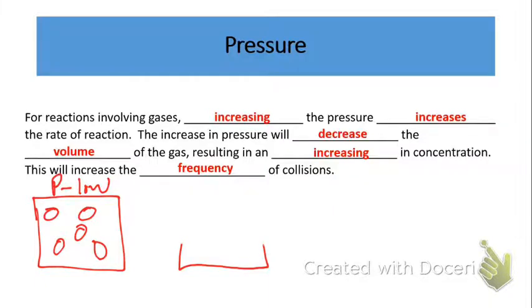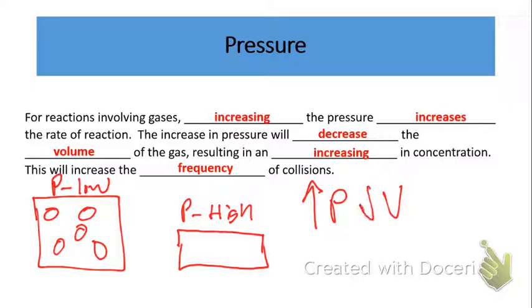So if we increase the pressure on the container, the volume goes down. So the pressure is high. Remember Boyle's law, pressure goes up, volume goes down. But with that, it creates gas particles that are in a smaller volume. Well, if the volume goes down, the concentration goes up for these gas particles.